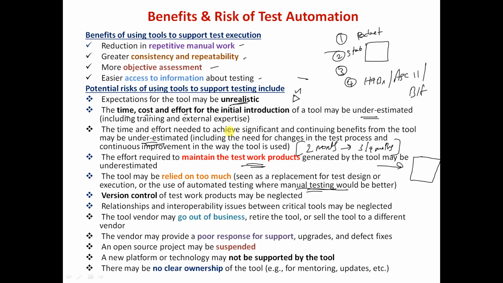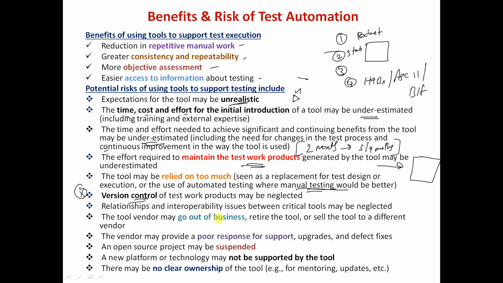The version control is also a matter. If it is automation, you have to keep an eye on the version, whether the new version will be supported or not, and whether the old version can be replicated to the new one. So the version is another parameter which has to be taken care of.